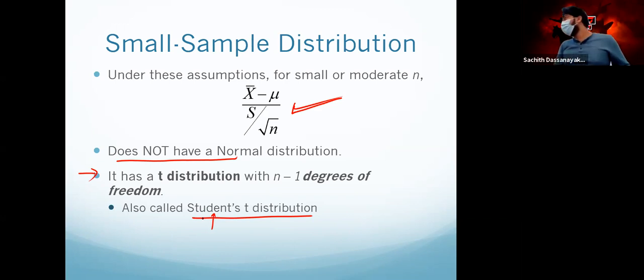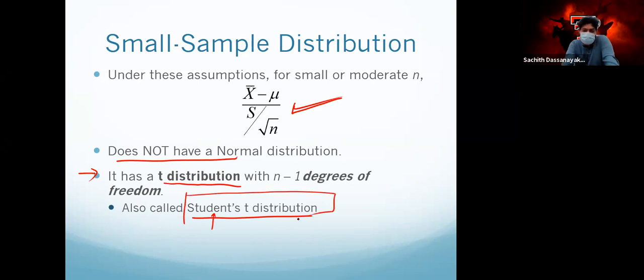It came from a professor and his students who worked with this distribution. In the first place it was mentioned as the T distribution, but a few years later his students worked with this distribution. That's why we use Student's T distribution. So it doesn't matter with the name, either T distribution or Student's T distribution.